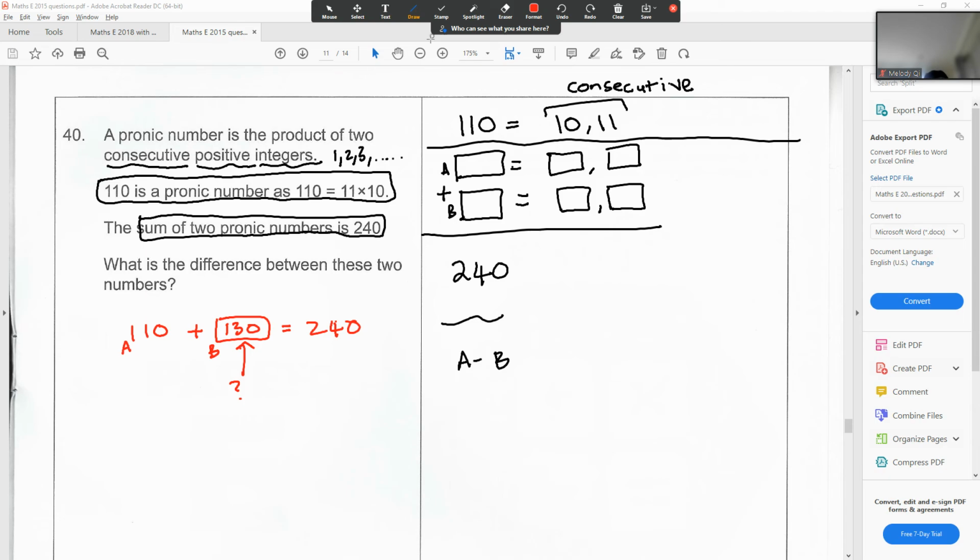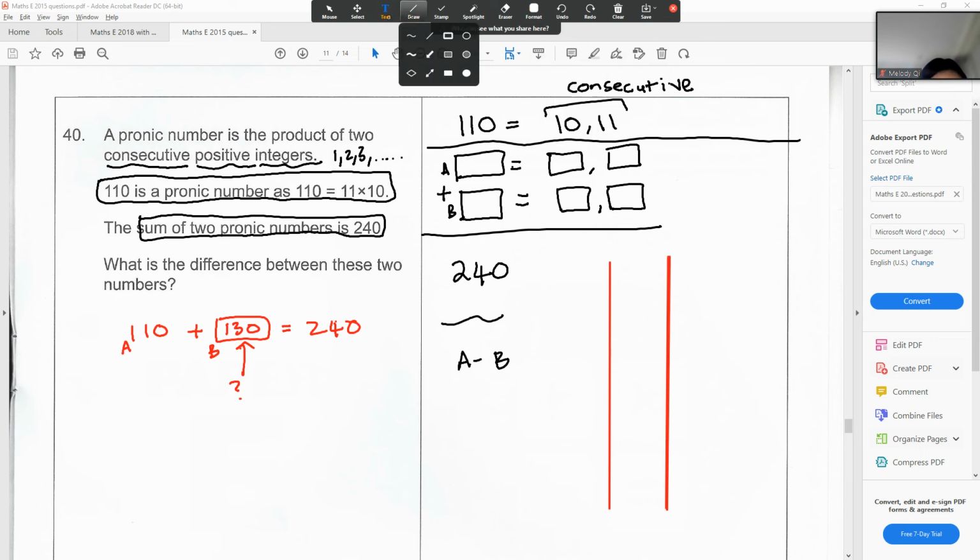Is it pronic? We have to check this by multiplying two numbers together. Let's develop a table of possible pronic numbers. Okay, so I'm going to put two numbers that are consecutive, then I'm going to multiply those two numbers together. Let's start with, well, 110 is a good start, so let's go with 10 and 11, right?